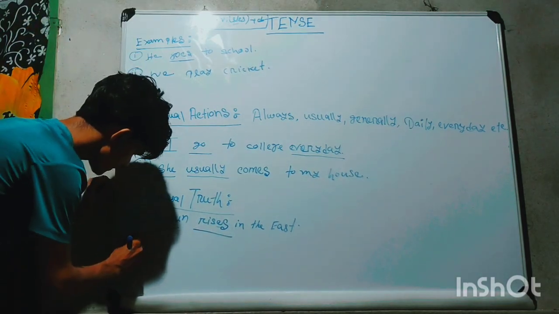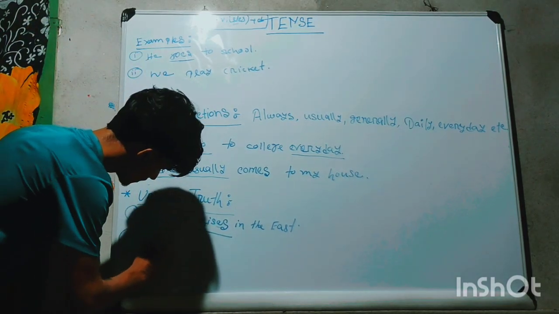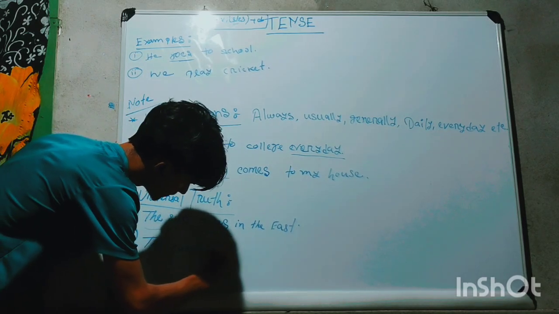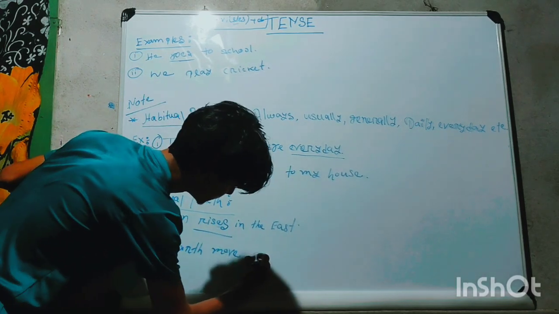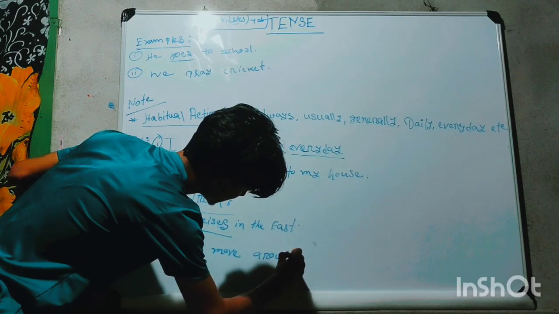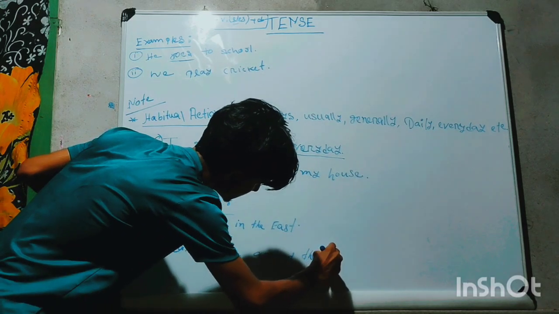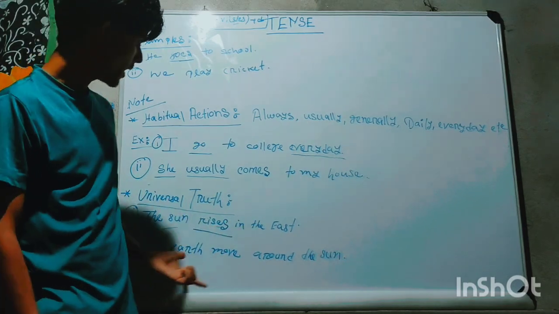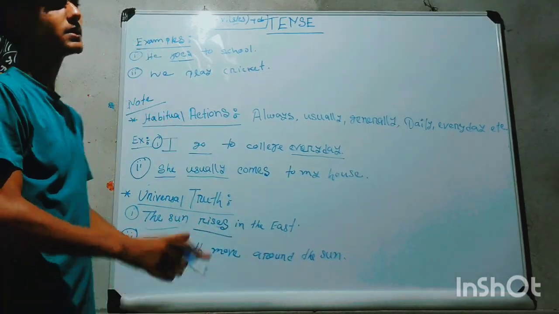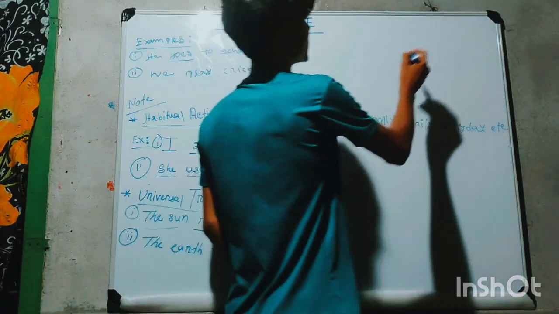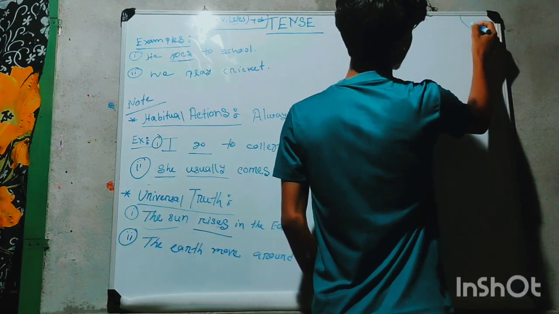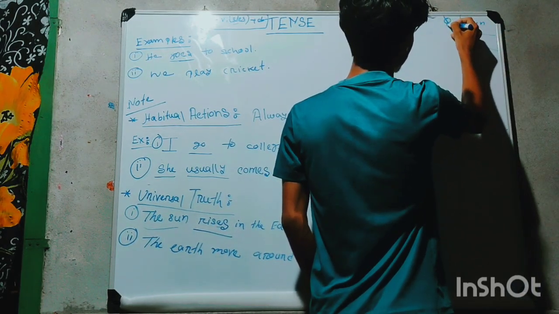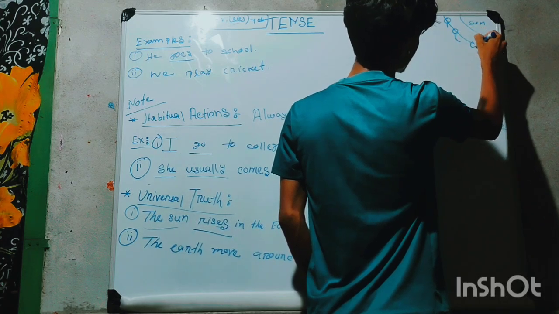Next one is the earth moves around the sun. What does the earth do? It moves from here, here, here.